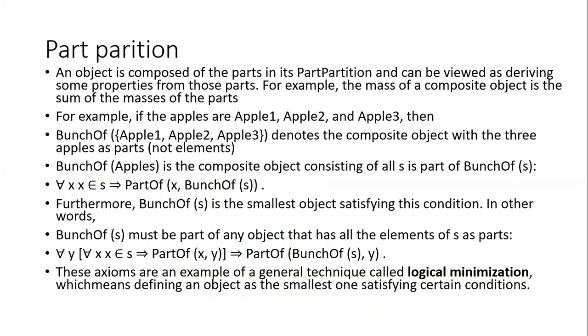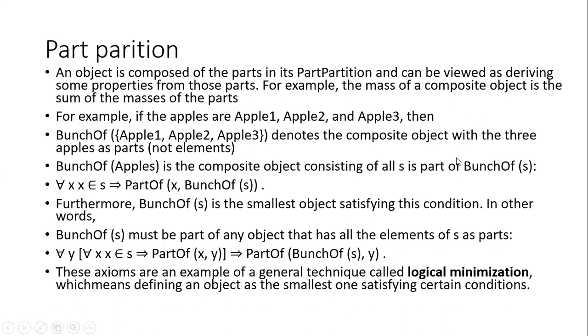Next we are going to see part partitions. When we go for a composite object, we represent the parts using part partitions. For example, if the apples are apple 1, apple 2, apple 3, we can say it as a bunch of apples. So we are partitioning it as BunchOf(Apple1, Apple2, Apple3).